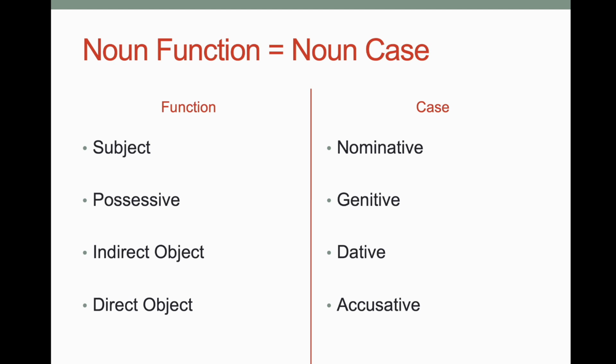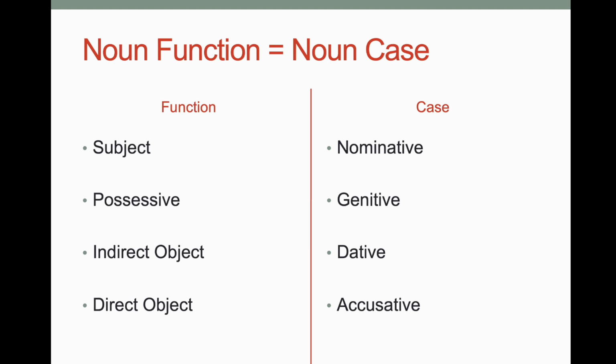Nouns can act as the indirect object of a sentence. For instance, I gave my cup to Bob. Bob is the indirect object of that action. Receiving the direct object is the cup itself. I am picking up the cup, it's feeling the effect of my action, and I'm giving it, indirect object, to Bob.